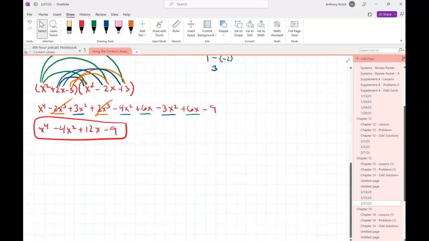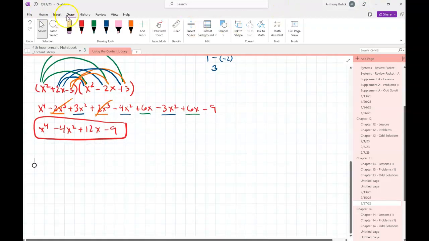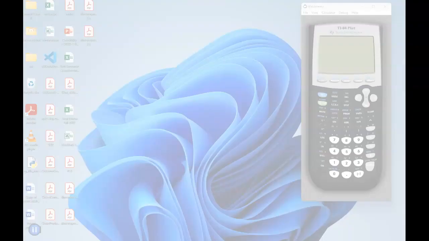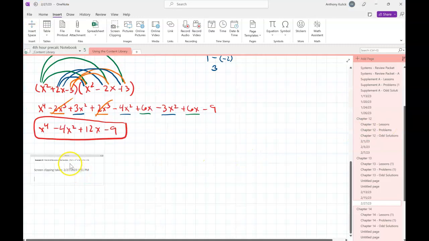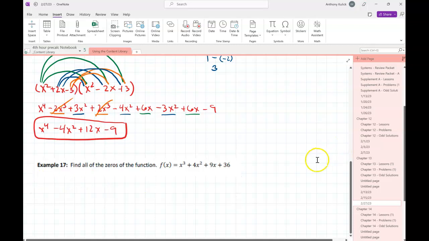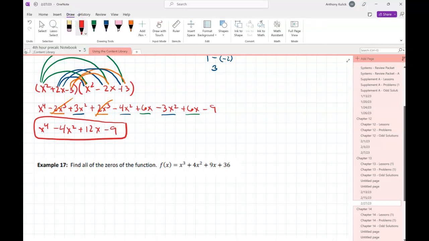The other kind of problem that you're going to be expected to be able to do is one like this. So this says find all the zeros for the function. When we say all, what do we mean? Means real and imaginary, right?